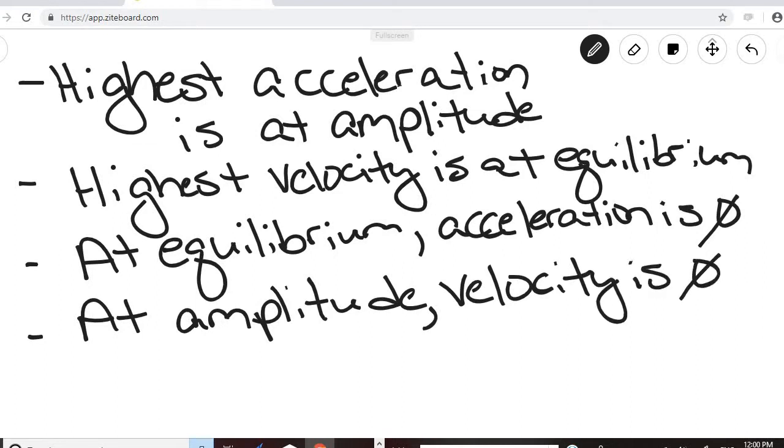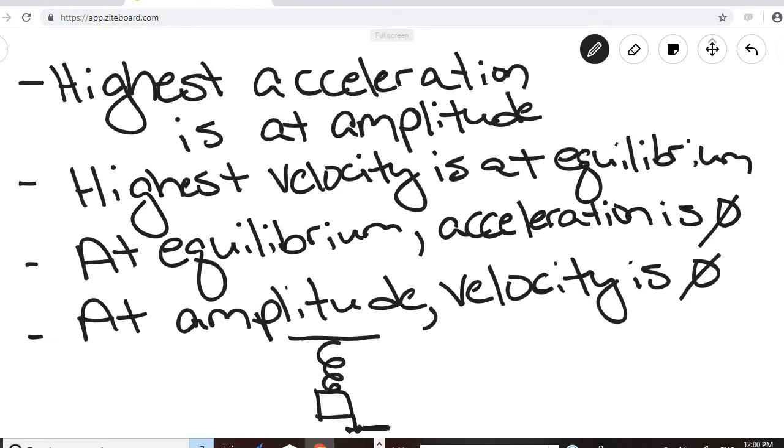Okay, so maybe write those down and you could draw yourself some drawings and think about how that is true. So if we have a mass spring system, here's our mass, and we're going to pull that mass down and we're going to release it. So it's going to have its highest acceleration.